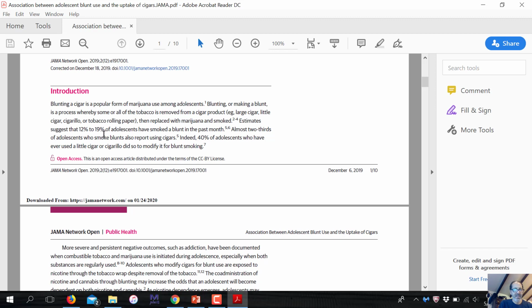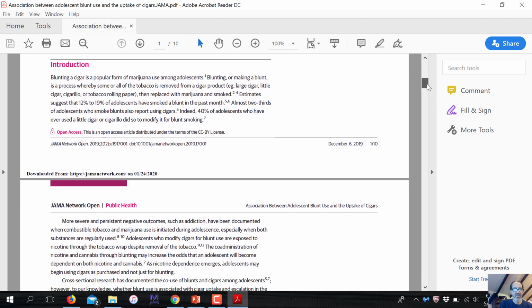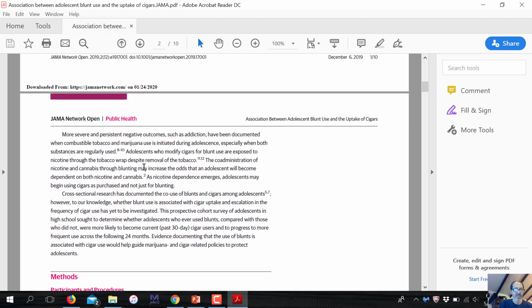The estimates suggest that 12 to 19% of adolescents have smoked a blunt in the past month. So this is where you do the epidemiology, and then you go through what's been done so far and what's missing. So you're trying to set up your study, and then at the end you introduce what's called the research question, and then you introduce the hypotheses.